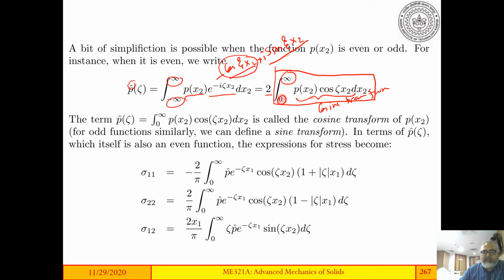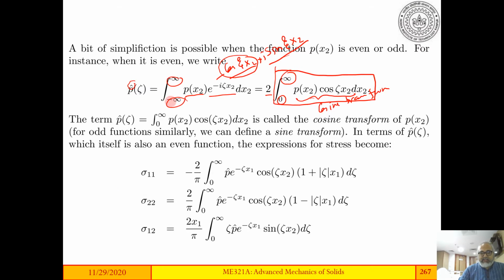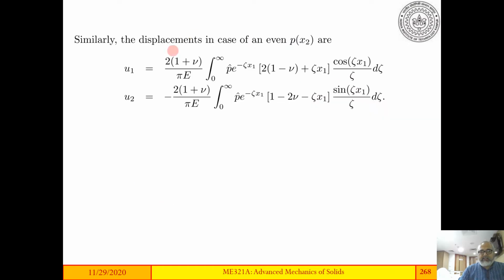If you do that, then these integrals from minus infinity to infinity can be shown to reduce to integrals from 0 to infinity, all of them, and you would get very easily these expressions, these integrals for the stresses, and these integrals for the displacements.